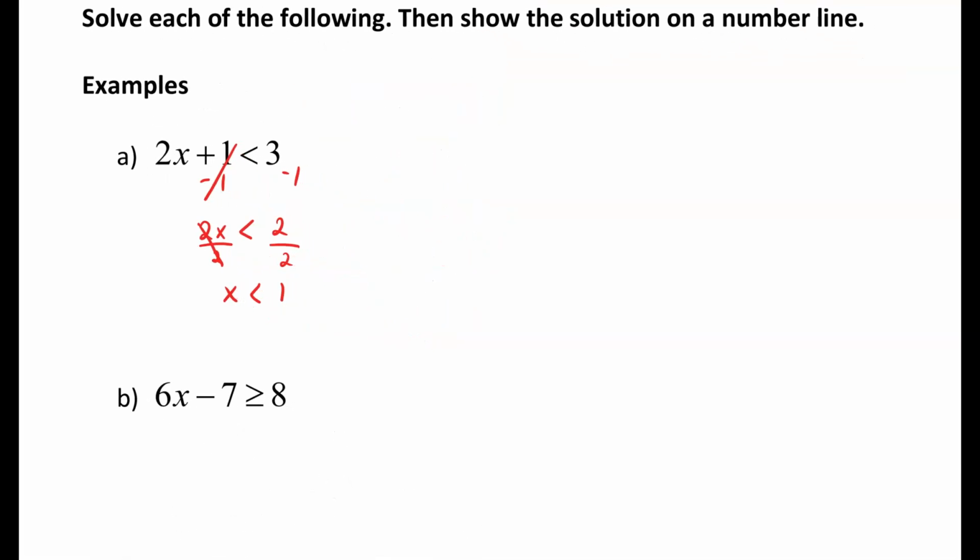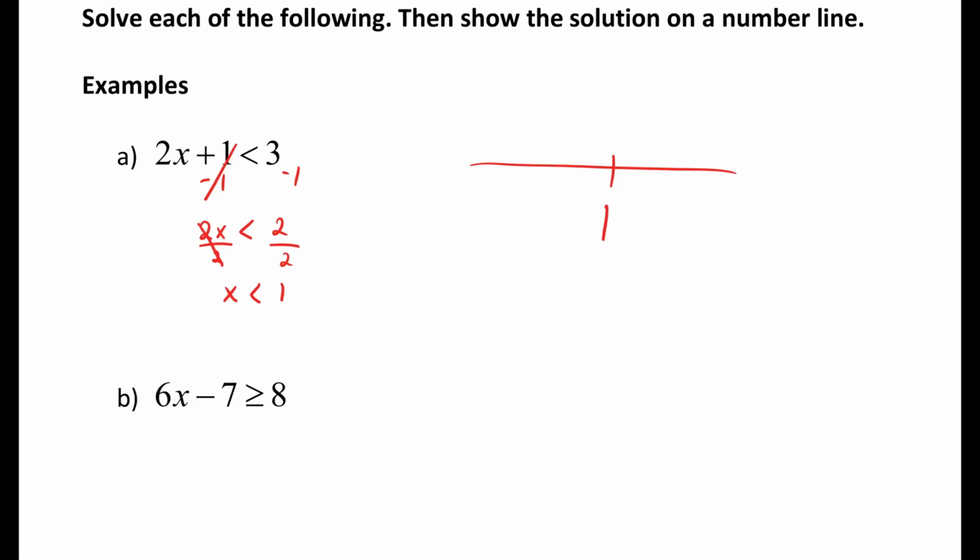Now we're going to draw just a rough image of a number line, and our value that we're going to write down is 1, and we have a number that is less than. So remember, when we are drawing the dots, there's a difference between the open dot and the closed dot. If it could be equal to that number, so it has a line underneath the less than or greater than, you would close that dot.